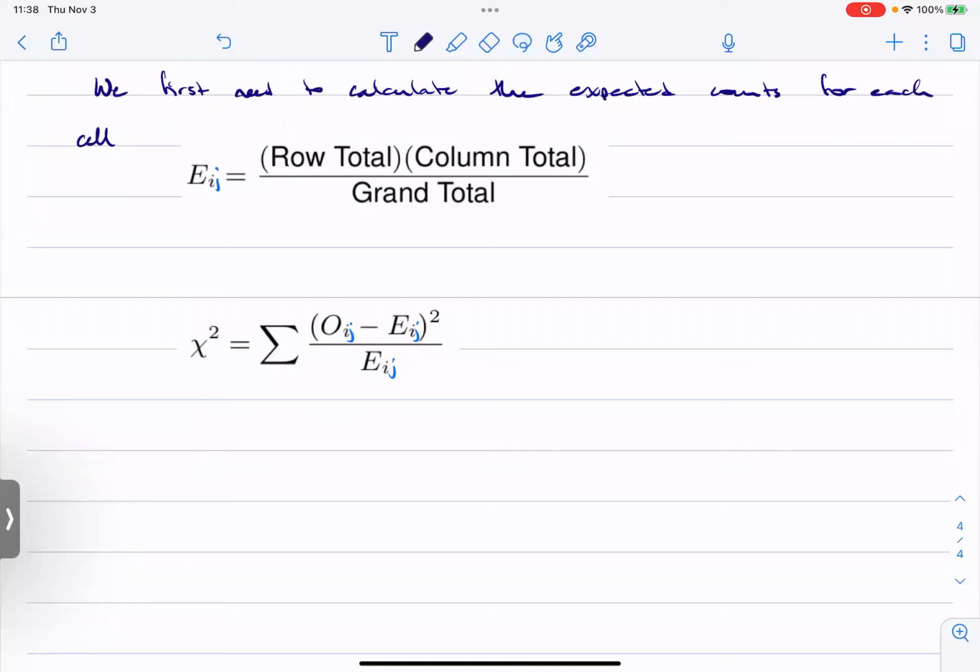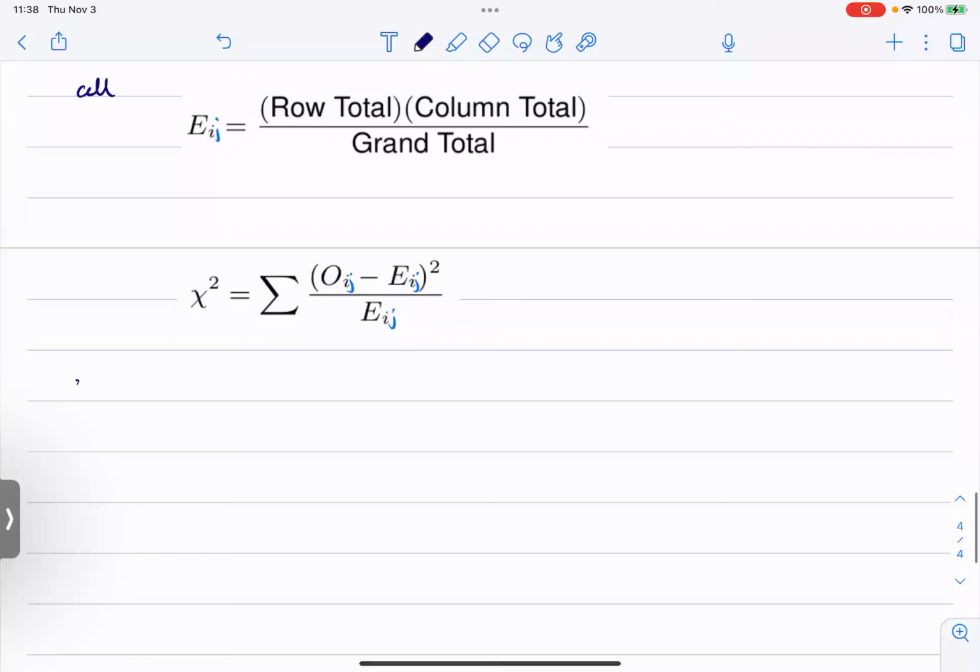It's a little bit more work for a two-way table because we have more counts or more cells that we're dealing with, but that's just tedious. It's not hard. And I like tedious things. Makes me feel like I know what I'm doing.